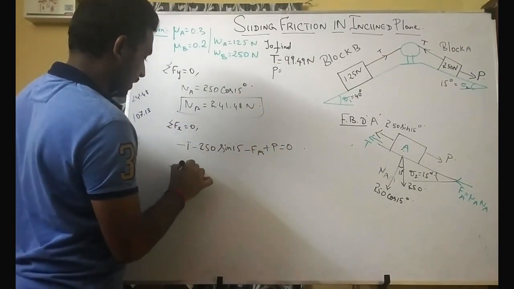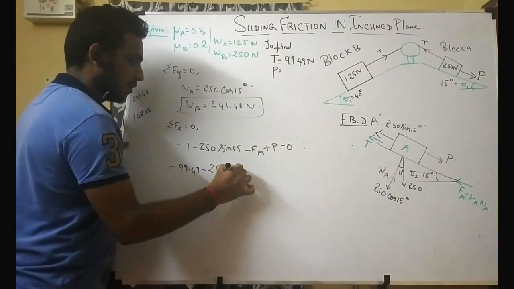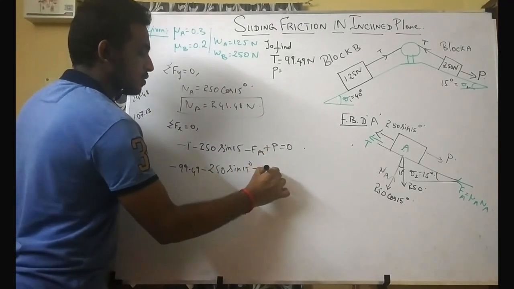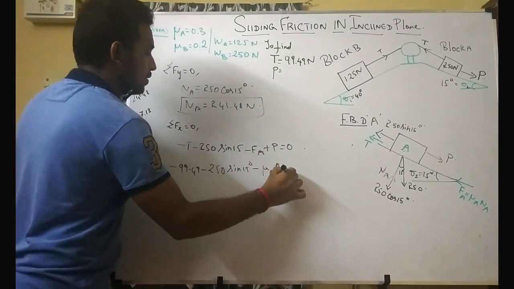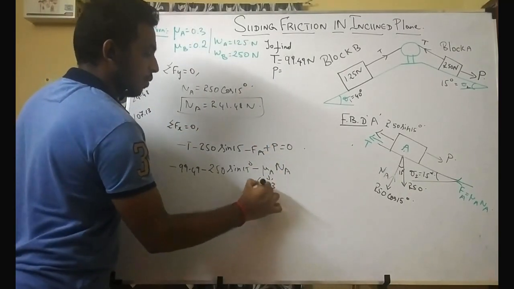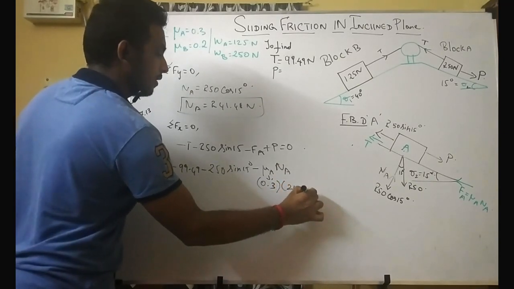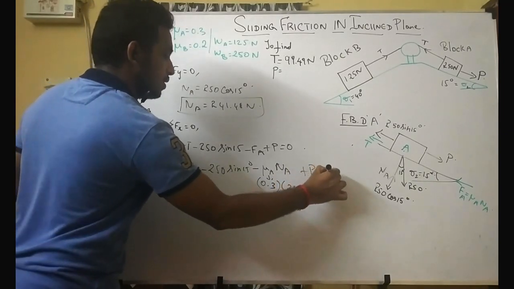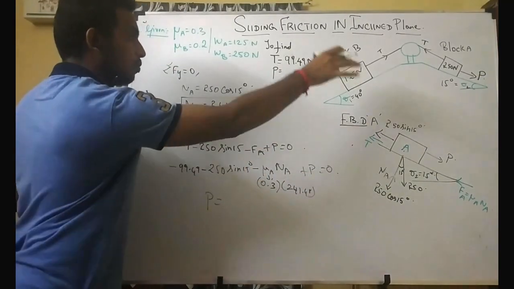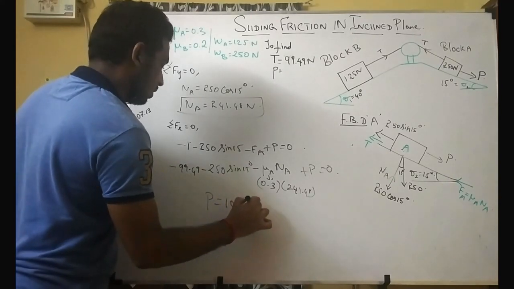So minus 99.49 minus 250 sin 15 degrees, and FA is equal to mu A times NA, where mu A is given in the problem as 0.3. So 0.3 into 241.48, plus P is equal to 0. Substituting all those values, we get the pulling effort to move the block downward equal to 107.13 Newton.